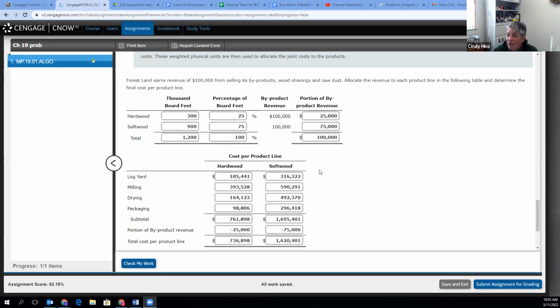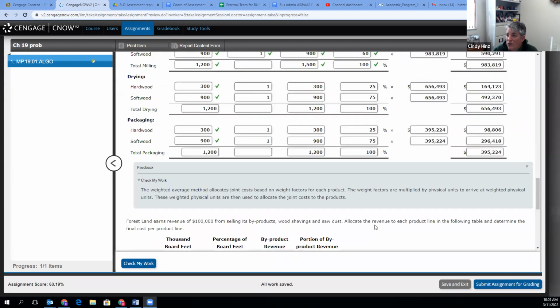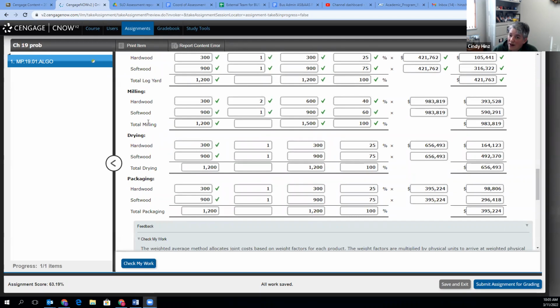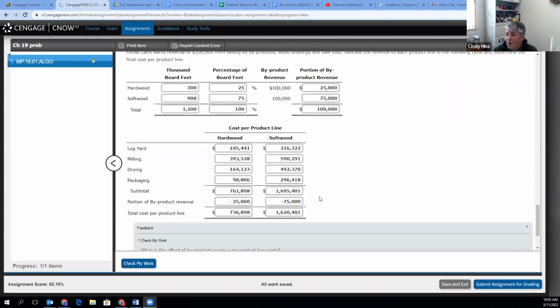So rather than setting up a new product line and having to do this allocation, not just to hardwood and softwood, but also to the byproducts, instead of having a separate revenue line and a separate cost line, what they're doing is taking these costs and assigning them or allocating them to each one of the product lines that are their main point of their business, to reduce their net cost.